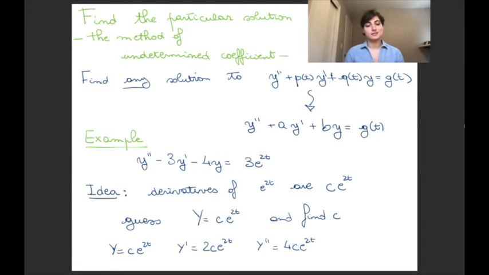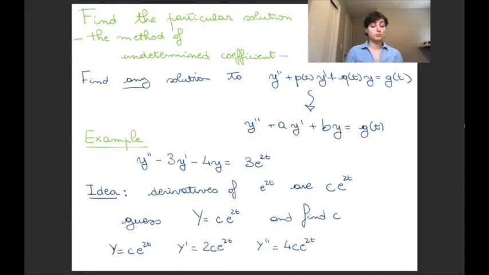So we guess that one particular solution of our non-homogeneous ODE is a constant times exponential of 2t. And our goal now is to find the constant in front of this exponential.